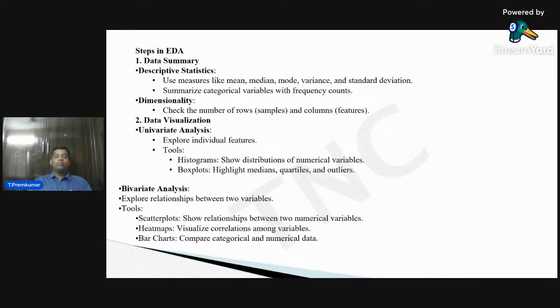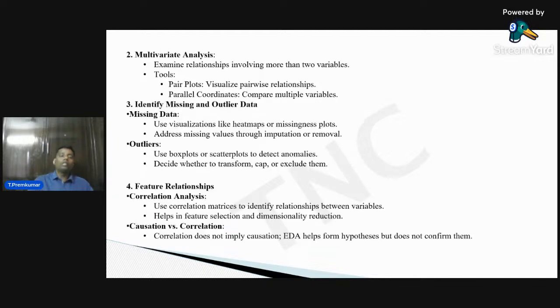The next one is bivariate analysis, which explores the relationship between two variables. The tools used are scatter plots, heat maps, and bar charts. So these are the tools that can be used for bivariate analysis in data visualization.